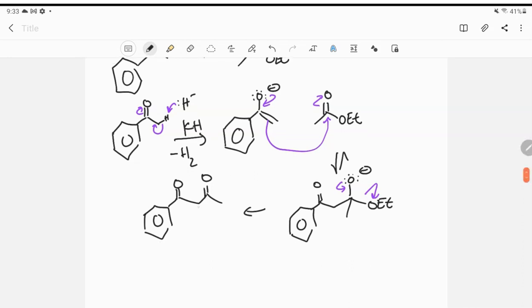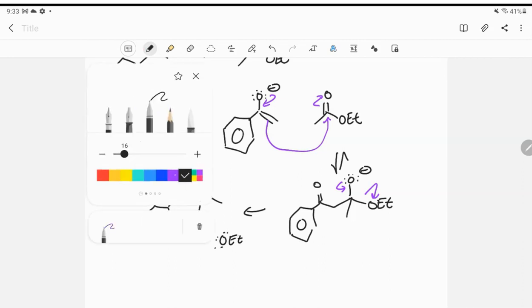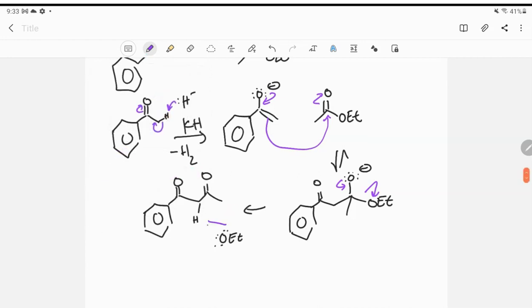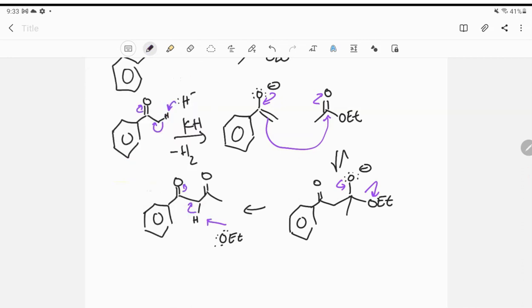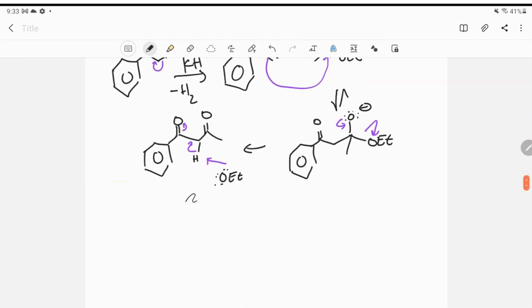So, as this is here, your ethoxide that's just kicked out over there is going to probably grab this proton, and you'll just sit there as the enolate until an acid comes along, because you'll definitely need to protonate this later. Because ethoxide is a strong base, right?